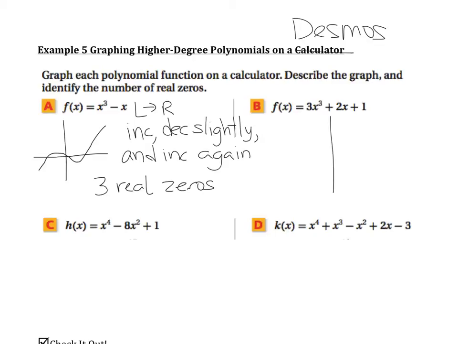For B, same thing. Just give a general graph from left to right. It only increases, and it has 1 real zero.